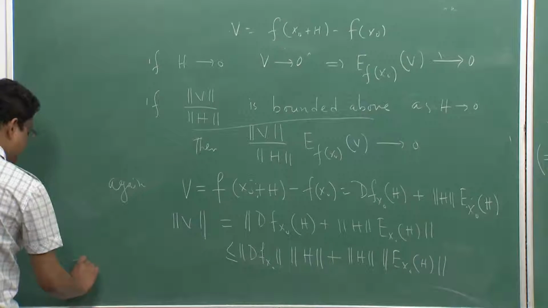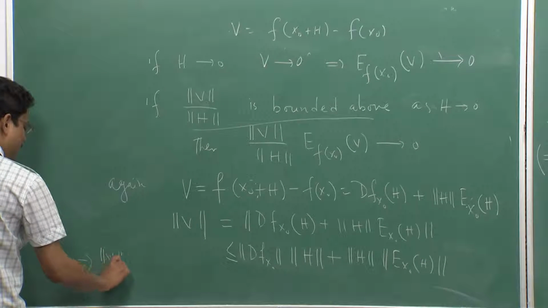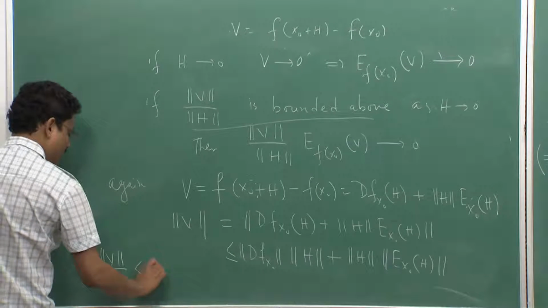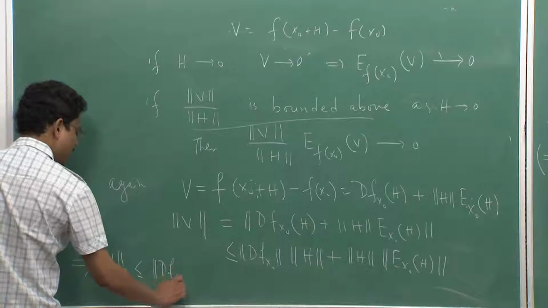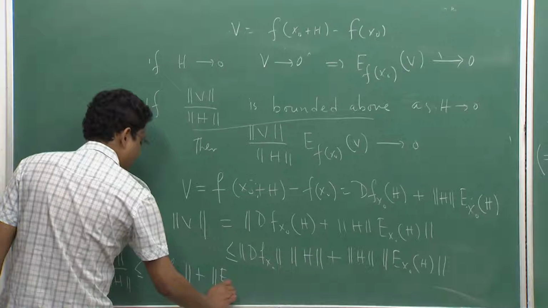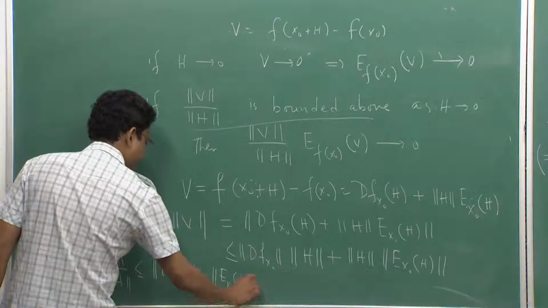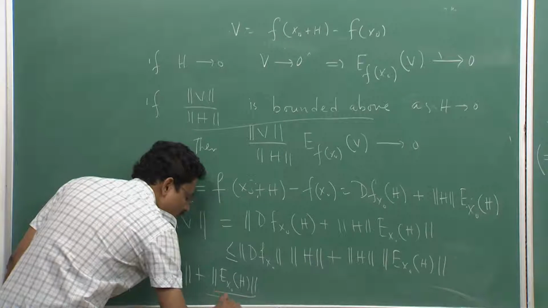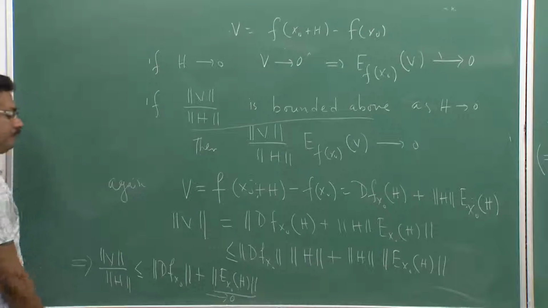That will give us norm V by norm h less than or equal to norm of df x naught plus norm of E x naught h, correct.